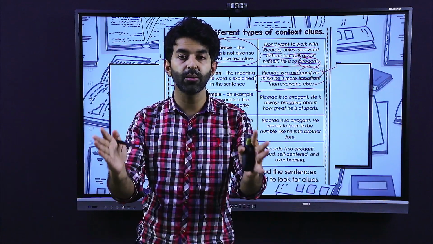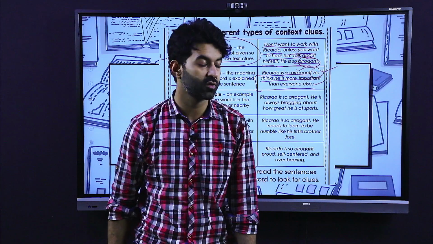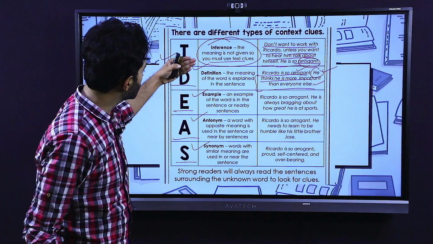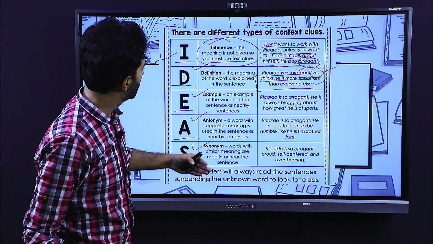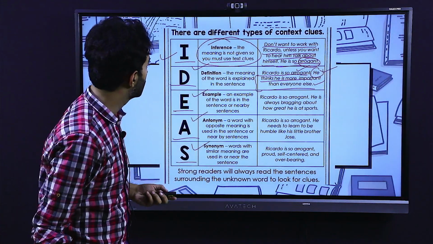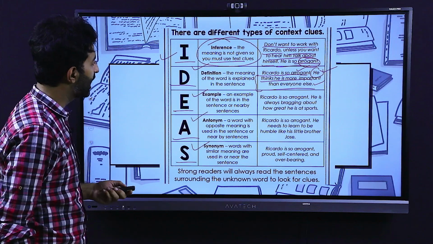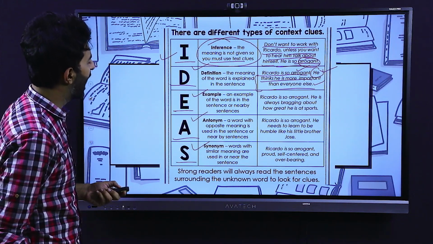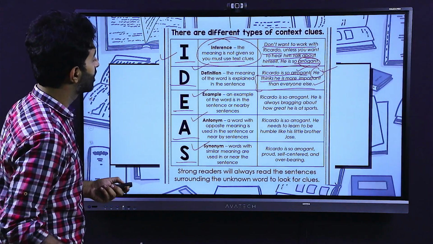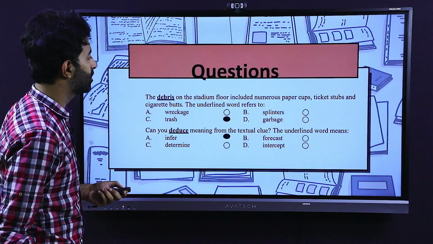They're going to be very familiar with the context and the surroundings of the word. So inference, definition, examples, antonyms, and synonyms, these are your context clues. You can memorize them with the acronym IDEAS, and you can also add explanation clue as well, and make another acronym for your better understanding.